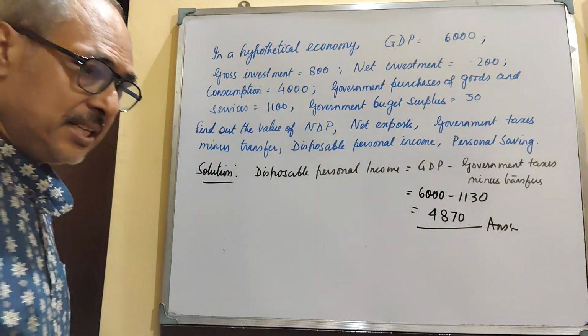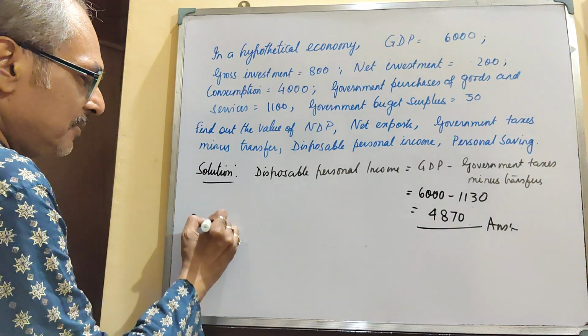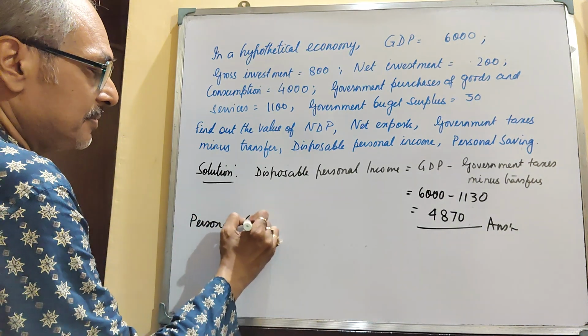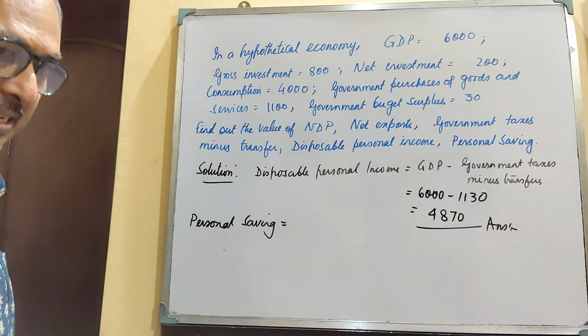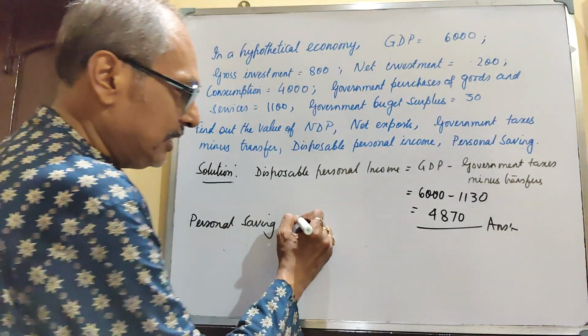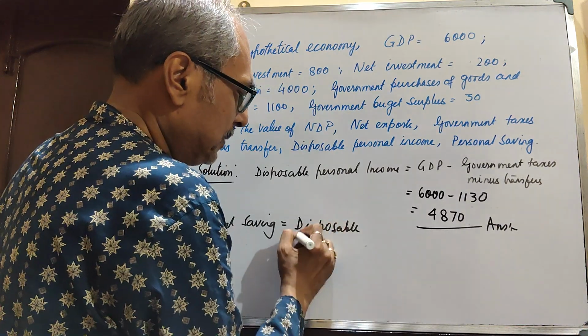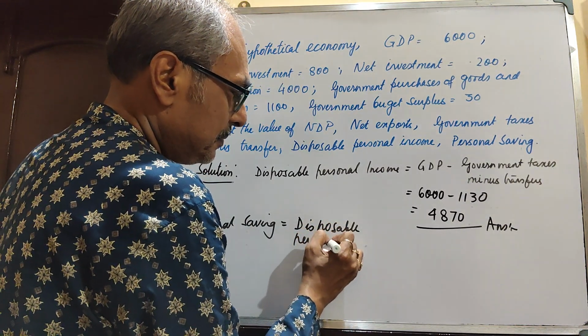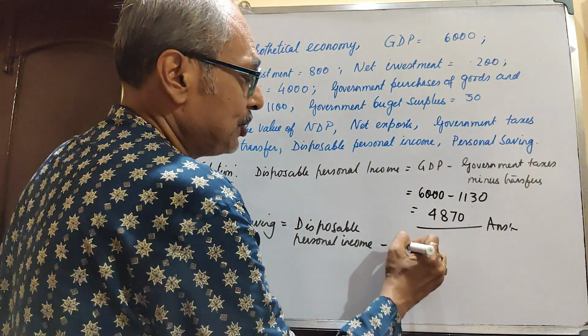Now we calculate personal savings. What is personal savings? Disposable personal income minus consumption.